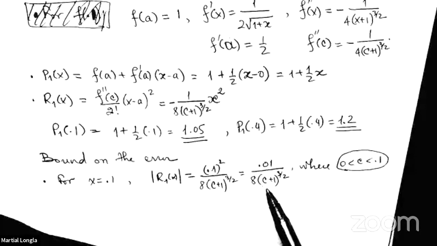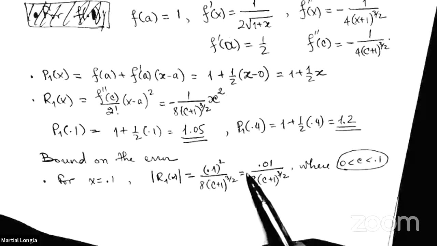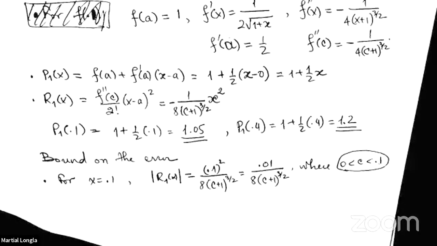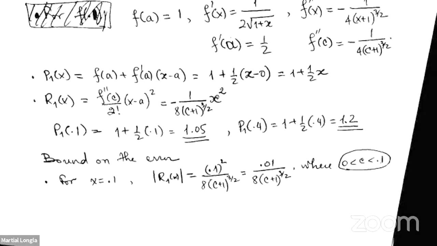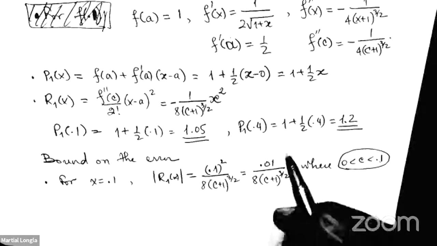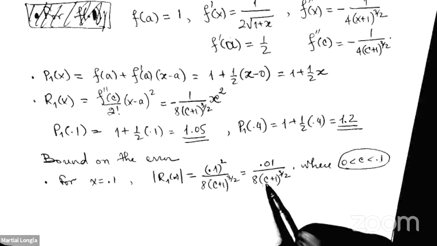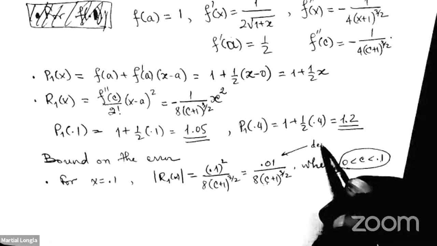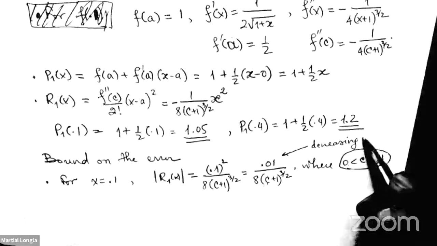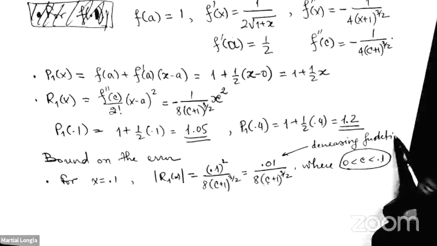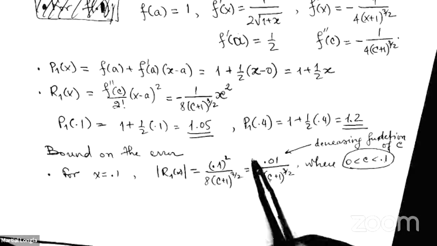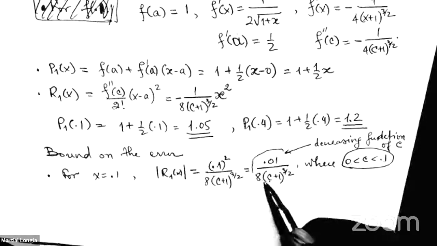And we find an upper bound on this for the values of c between 0 and 0.1. And we can see that this function of c is a decreasing function of c.